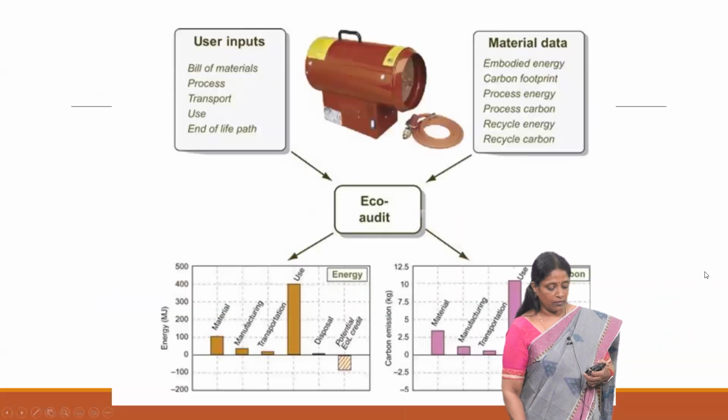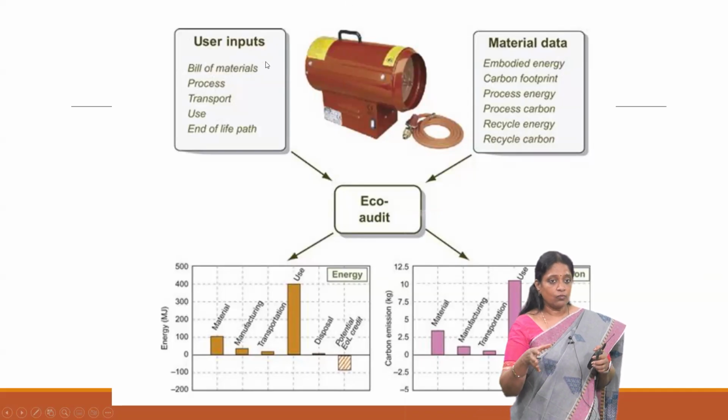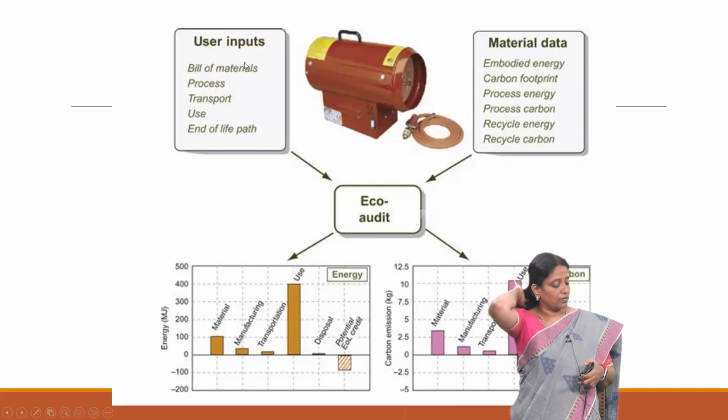So that's what I wanted to show, and people have done this. There are a lot of examples to quantify. If you have all the numbers from the book, you can actually use those material data from the book, the user input. Bill of materials is what are all the materials which go into making the product. Like for your project, this will be useful.